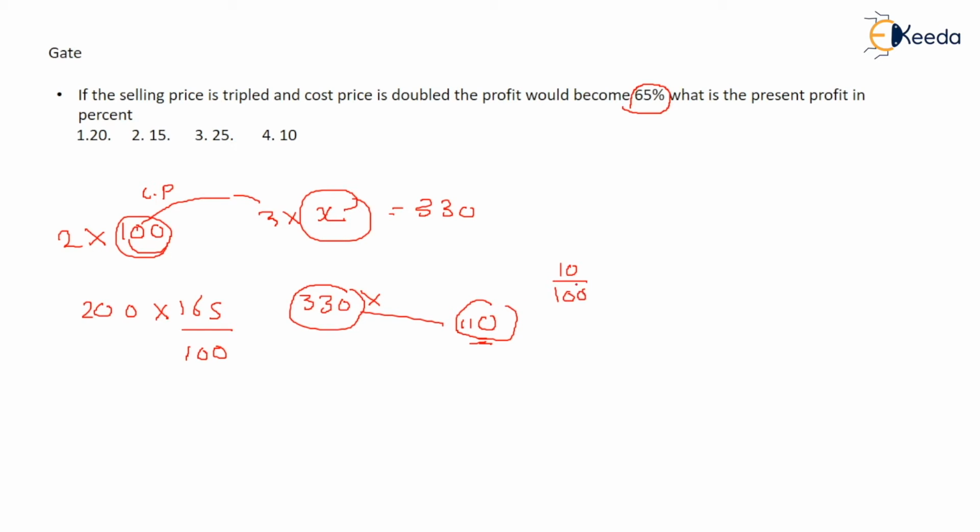So 10 by 100 is 1 by 10, and in percentage, times 100, this comes out to be 10%. So option number 4 is the right answer. Everything is simple, you just need to make things simple. Don't try to do 2 times CP equal to 3 times; just assume a number and solve it the way I did.